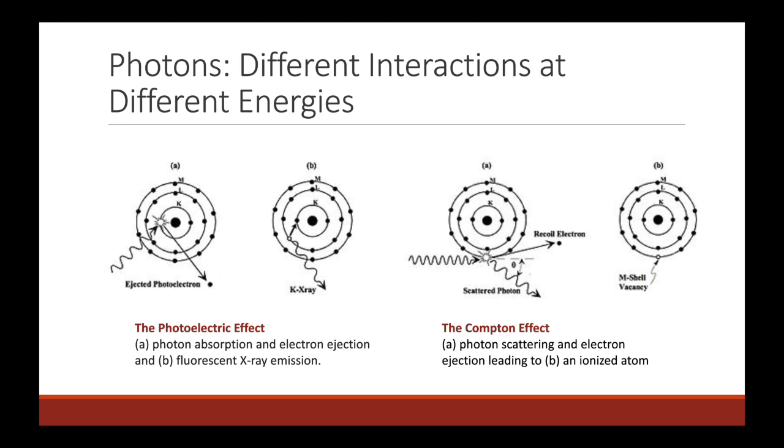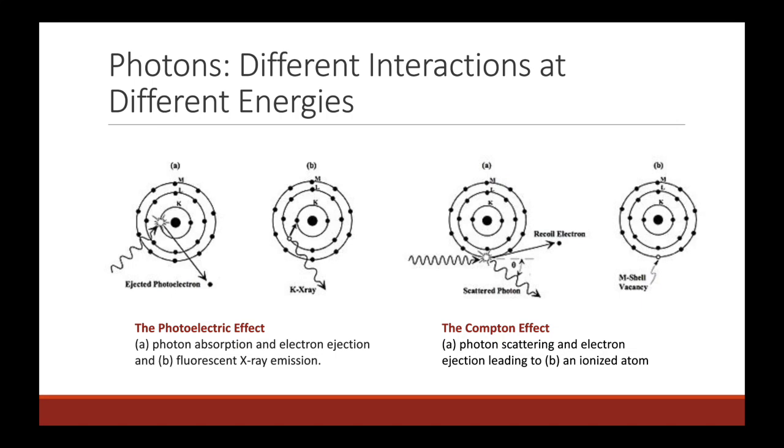Now, if we have photons of higher energy interacting with the atom, then they are also going to interact with the higher energy outer shell electrons. So photons at high enough energy can interact with these outer shell electrons, causing something known as the Compton effect. And when we think about what is happening at the atomic level in therapeutic radiation, it is really the Compton effect that predominates.